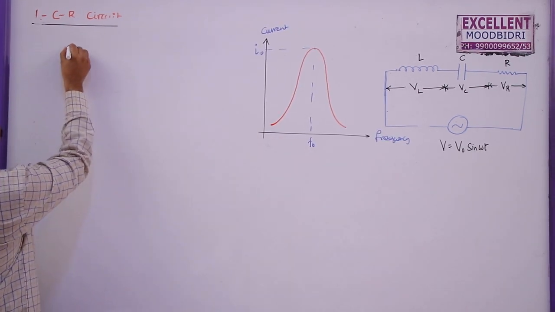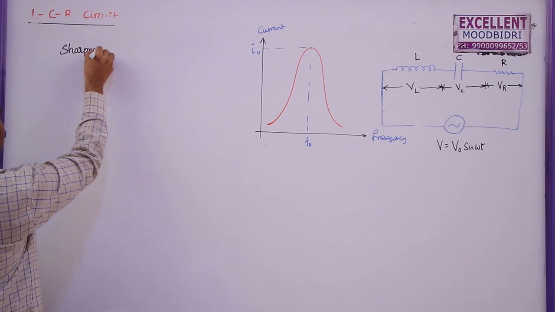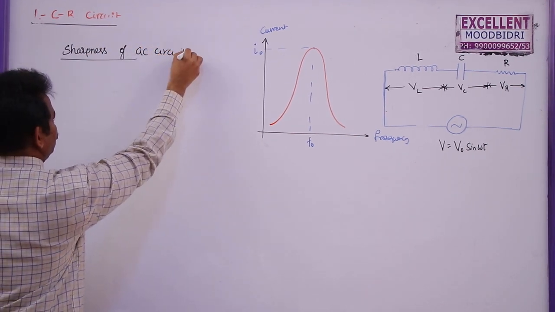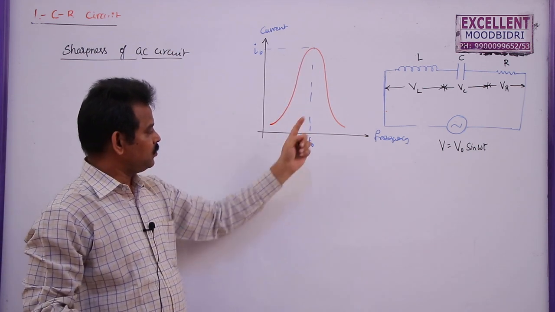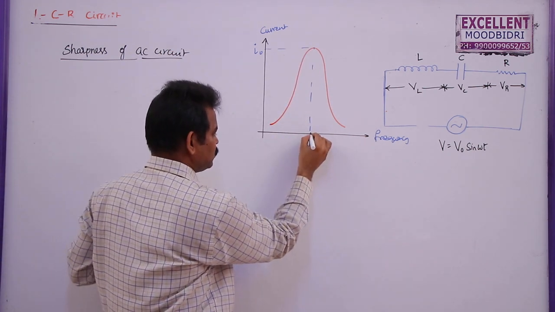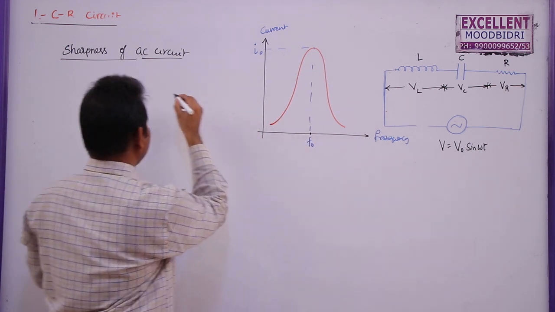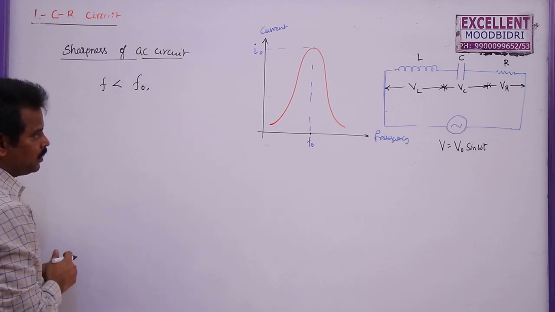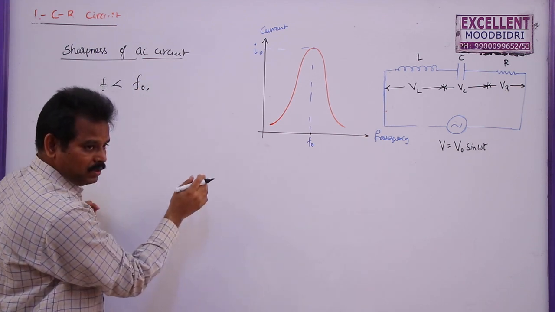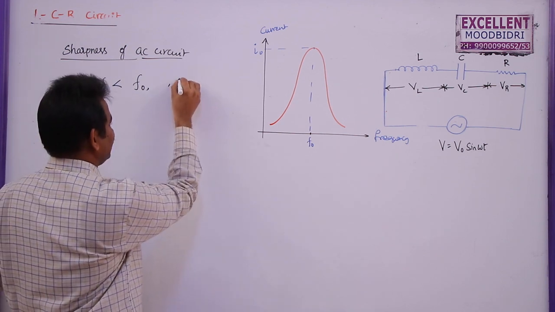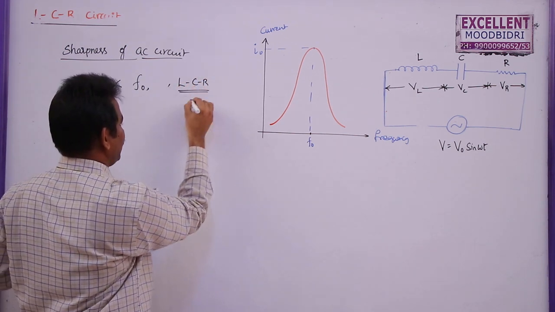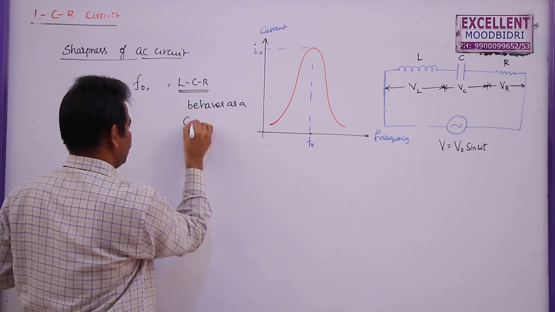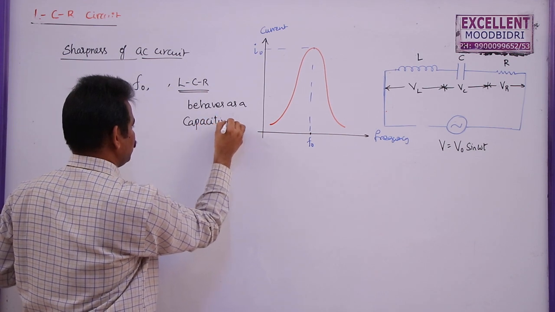Now, the sharpness of resonance in an AC circuit. This is the variation of current with the frequency. We know that this is the resonance frequency. Below this, that means if the frequency is less than the resonance frequency, at low frequencies inductive reactance will be less and capacitive reactance more, so the LCR circuit behaves as a capacitive circuit.